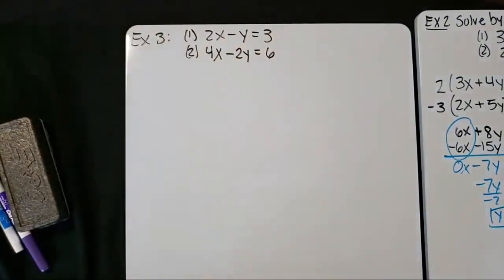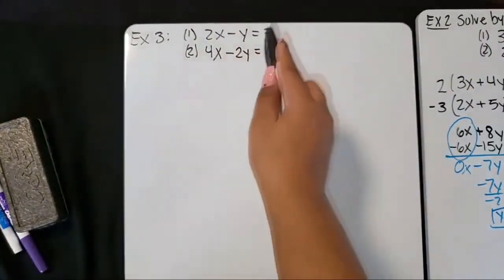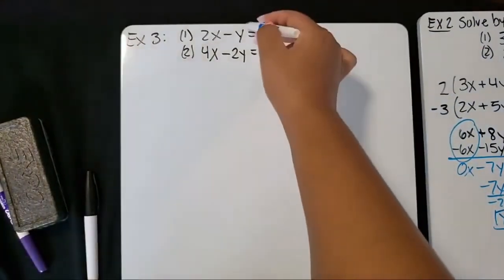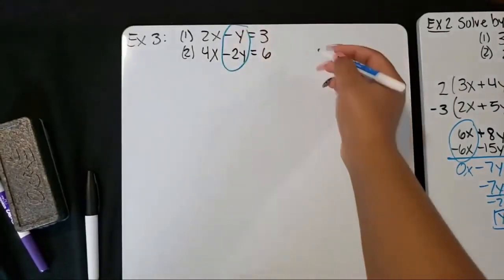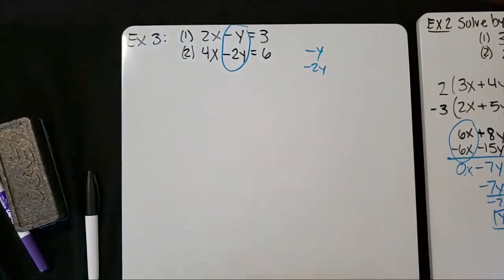So the first thing we need to decide is what variable we want to eliminate. Do we want to eliminate the x term, or do we want to eliminate the y term? Okay, so if we want to eliminate the y term, we have negative y and negative 2y.